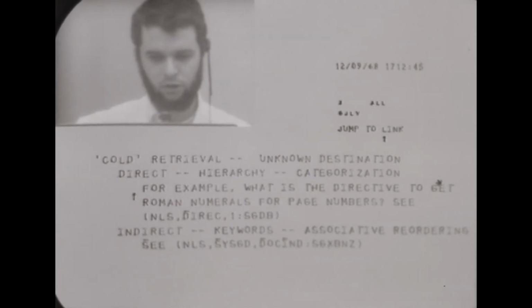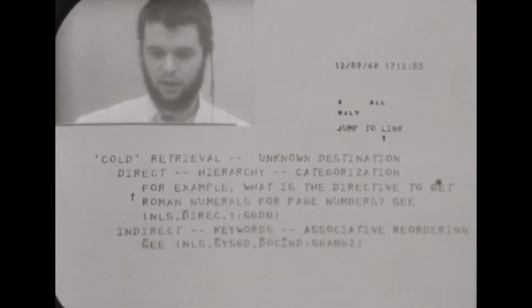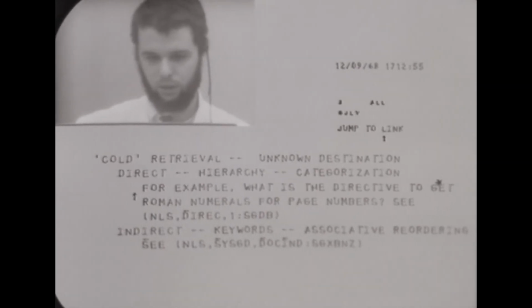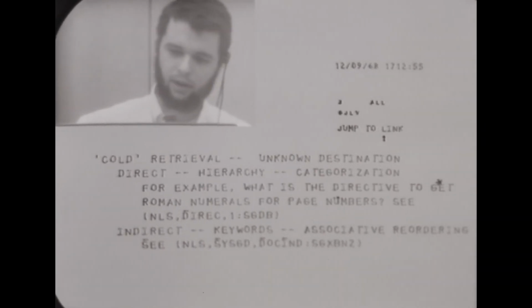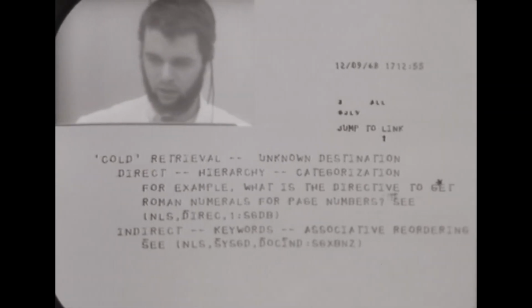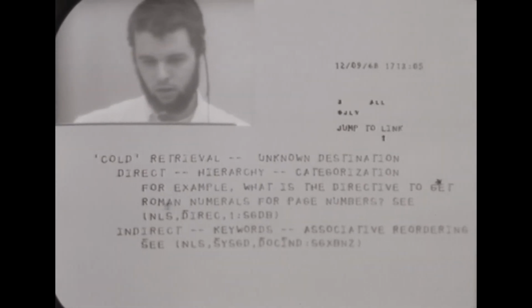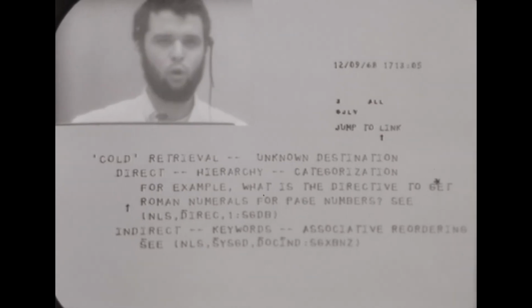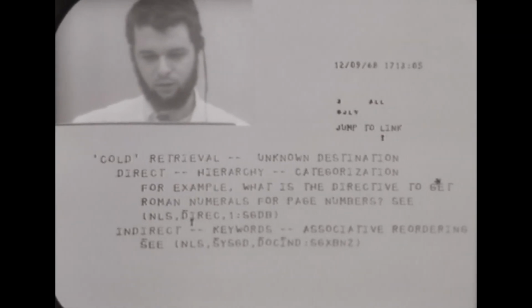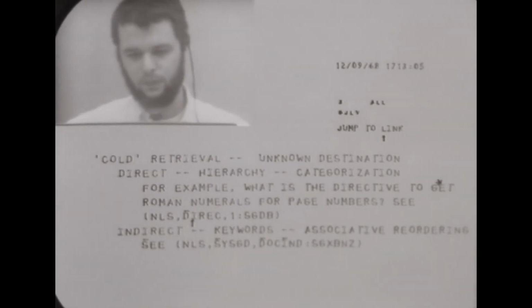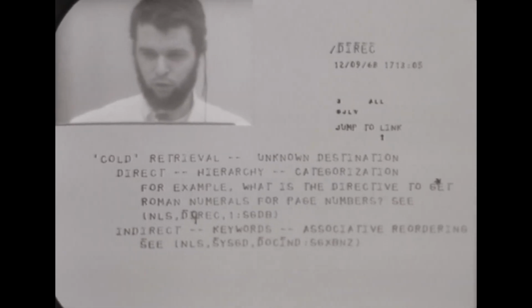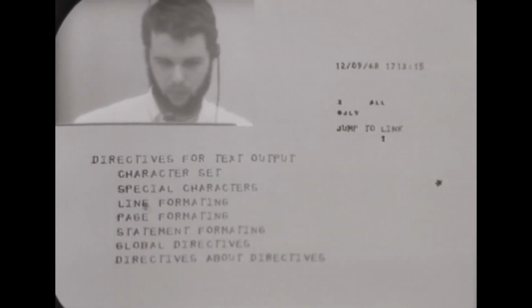There's quite a large system that takes care of making a file for hard copy. You're able to specify how you want the hard copy to look by giving various directives. One of the things you might want would be Roman numeral page numbers. So let's go off to a directive file and see what the directive is to get Roman numeral page numbers.